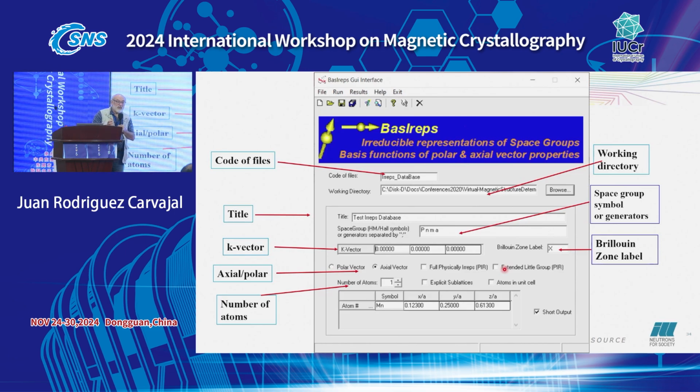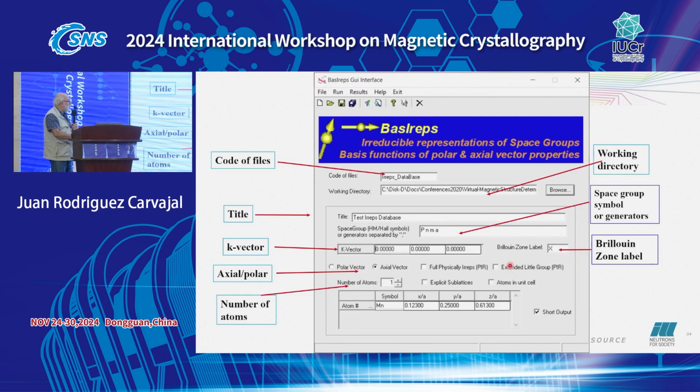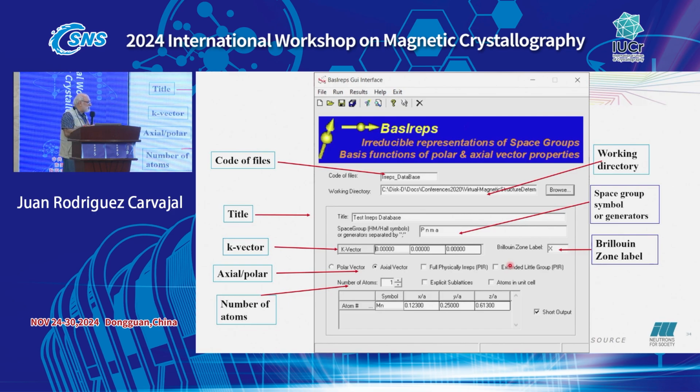And then you can get directly the matrices used in isotropy. This is very important. For example, when you have a representation of dimension 1, and you are working with structures in which k is equivalent to minus k, then in such a case, the resulting magnitudes, for example, magnetic moment, should be real.